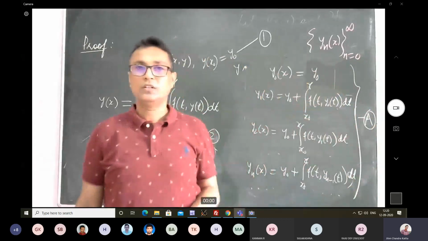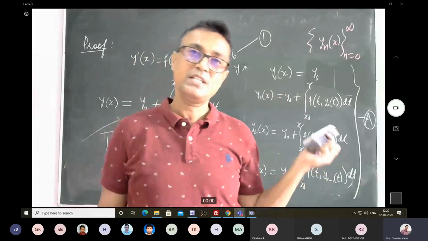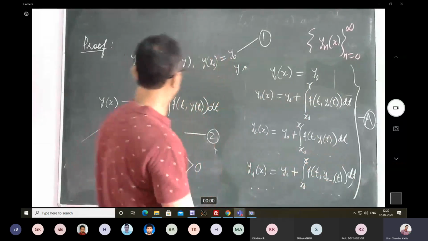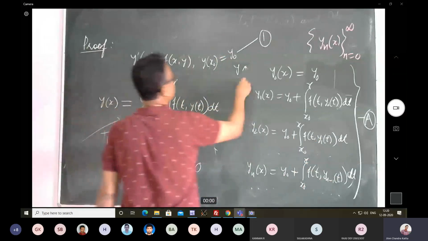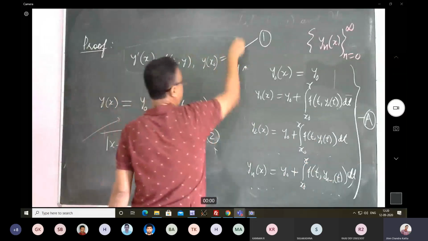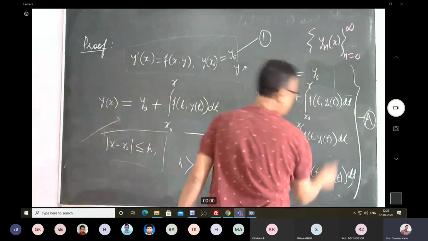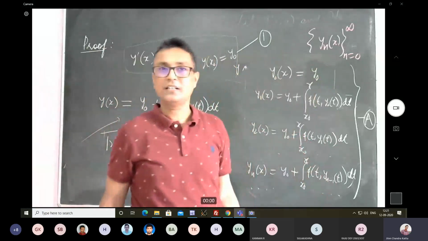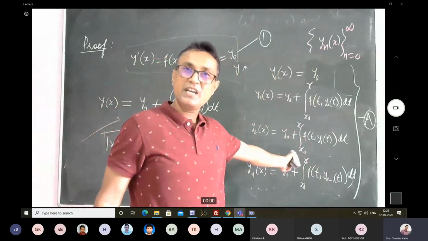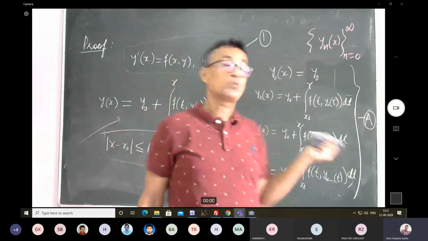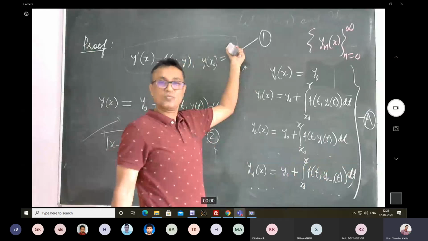You have already seen in Picard's method of successive approximation that if you are told to find the solution of an initial value problem like this, then by generating a sequence like that, given by A, we can make the sequence converge to the solution of the given differential equation.